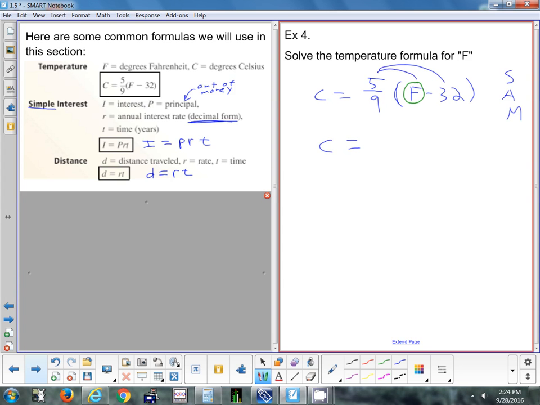Okay. Can I do anything like when I have 5/9 times F? Can I combine 5/9 and F together? No, I can't really do anything with it. So just pretty much write what I just said. 5/9 times F minus. Okay.